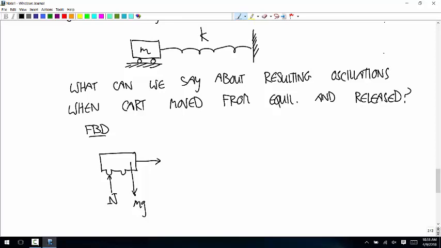And if we say x equals 0, the cart's at x equals 0 when the spring's at its resting length. We have to think about the direction. So we're going to have a magnitude of kx.